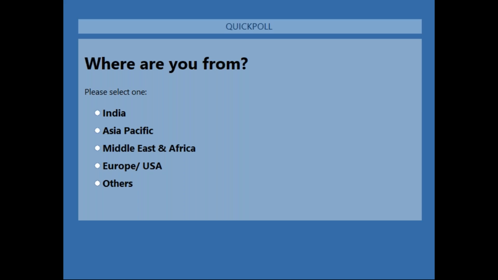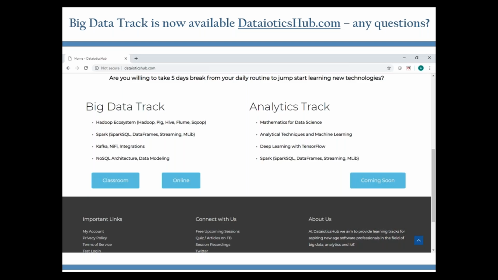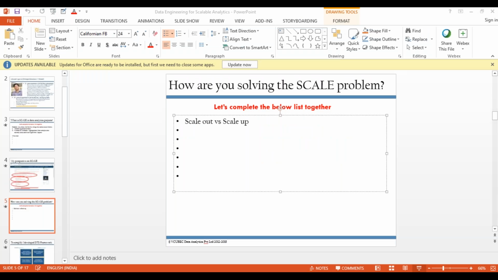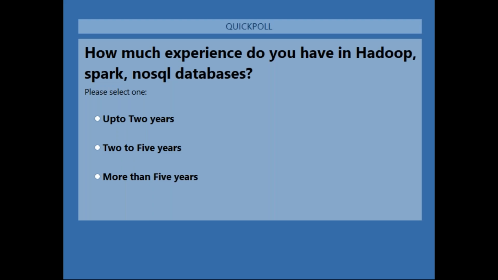Some more to go. So we have about 80% Indians and 10% other parts of the world, Asians to be precise. Okay, thank you. Next would be, how much experience do you have in Hadoop, Spark, NoSQL databases?